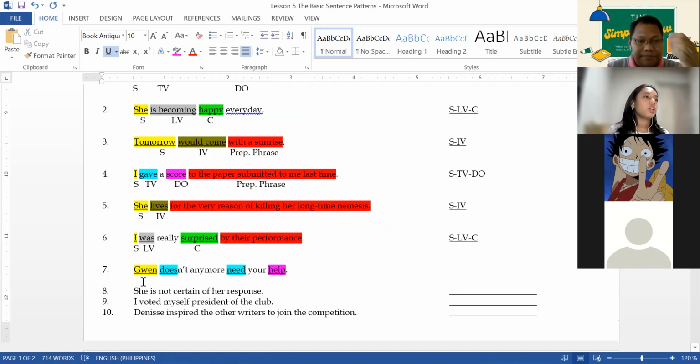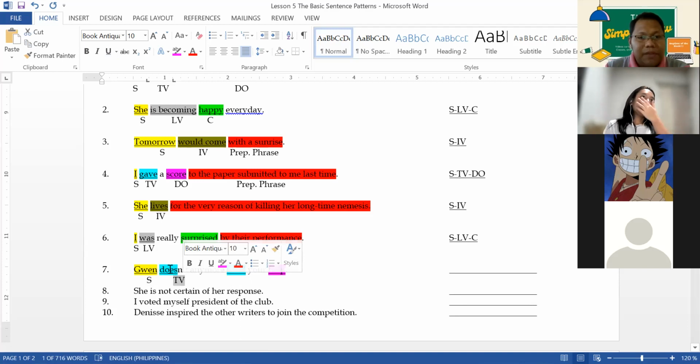direct object. So Gwen is our subject. Our verb is a transitive verb. Take note, the label TV is not just for does. It's not for not. It's not also for anymore. The label transitive verb in number 7 is for the words does and need, thereby creating needs.